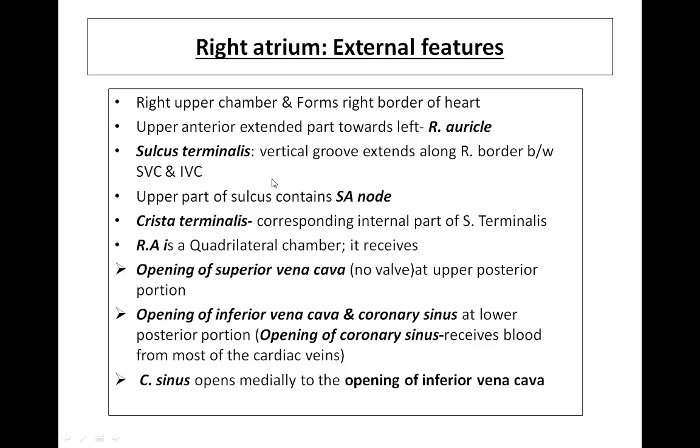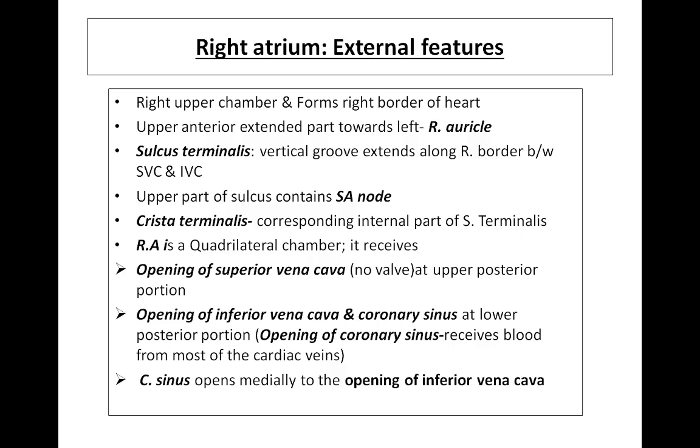So the sulcus terminalis is on the anterior surface or the sternocostal surface of the right atrium. Then posteriorly we have the base of the heart. So these two structures, the sternocostal surface and the base of the heart, have a meeting point.